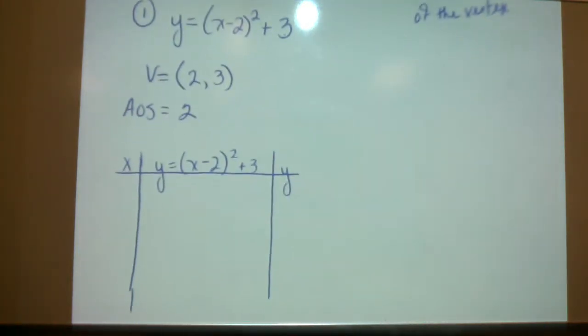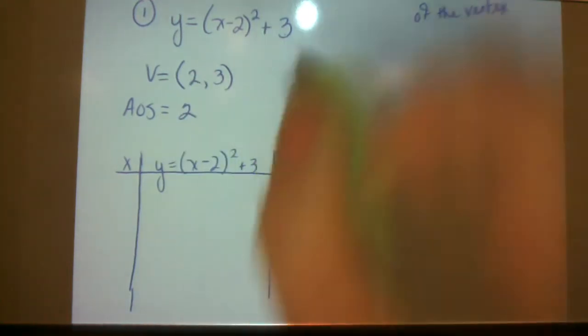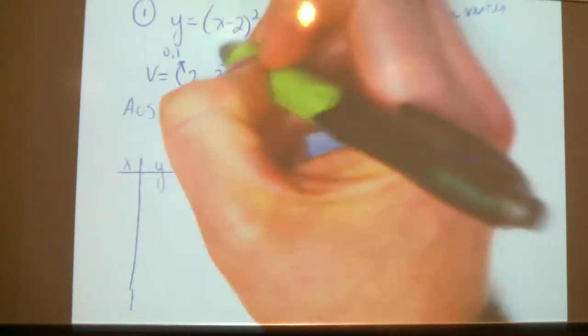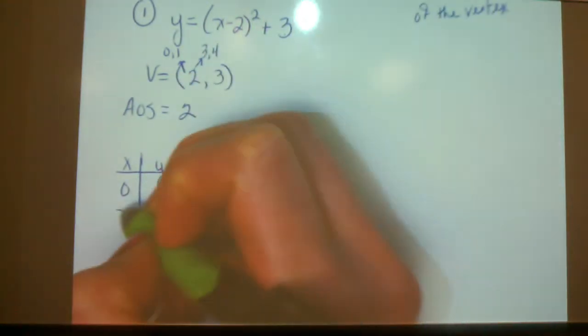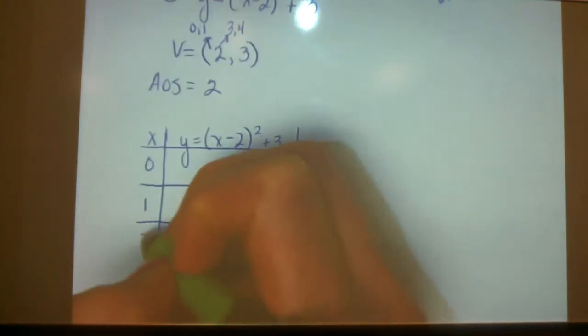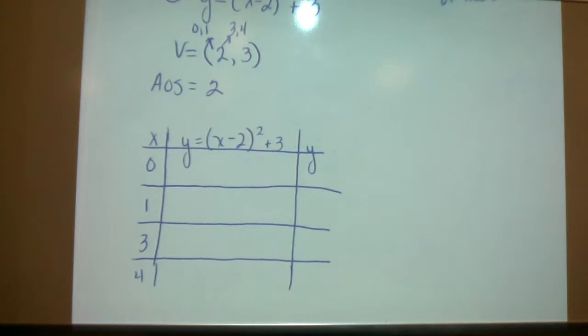And the table piece is the same as what we did at the beginning of this unit. I need to take a look at this number. I'm doing two numbers that come before 2, which are 0 and 1, two numbers after 2, 3 and 4. So that piece doesn't change. 0, 1, 3, 4.